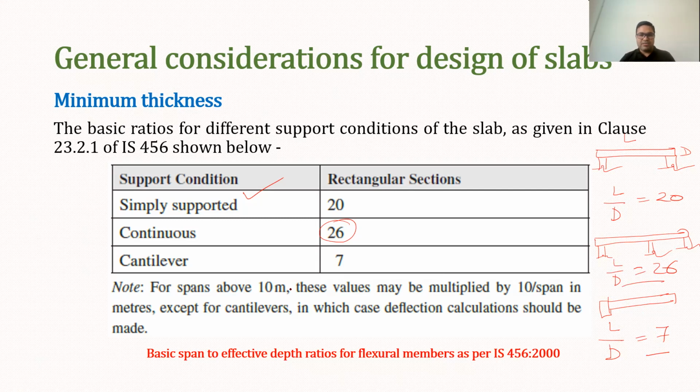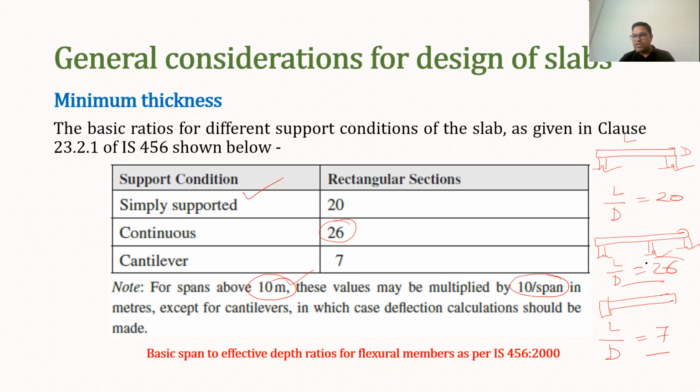And it says in the note that this ratio is applicable when the span, which means this L value, is up to 10 meter. In case our span is more than 10, then the value may be multiplied by this factor, 10 by the span.